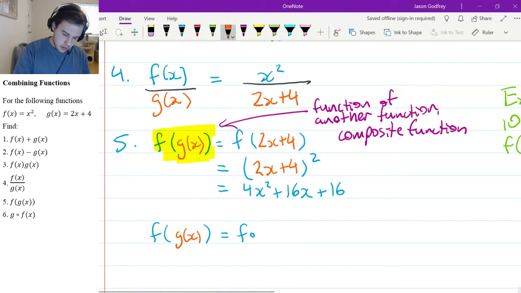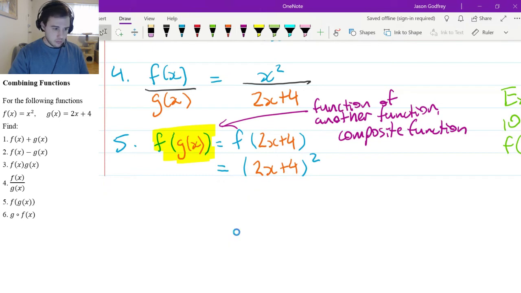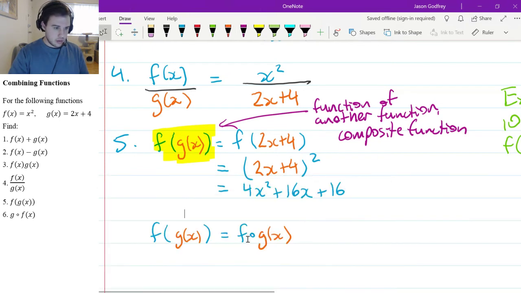So f of g of x, right? I think of the little symbol like an O, like "of", f of g, means the exact same thing. So it's just more notation, different ways to write the same thing. So if you see f of g of x, it means f of g of x, with g inside.